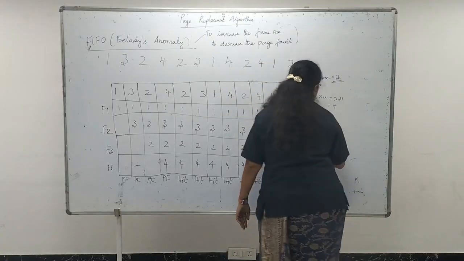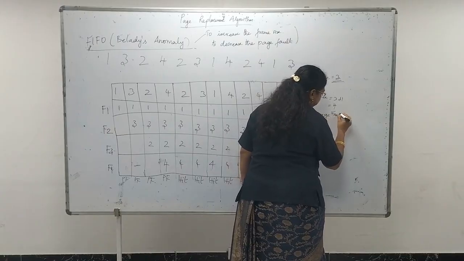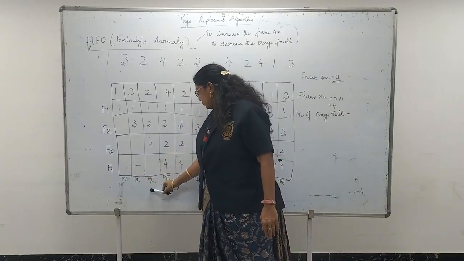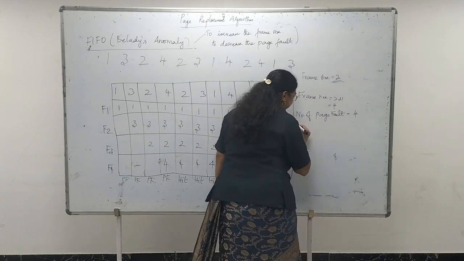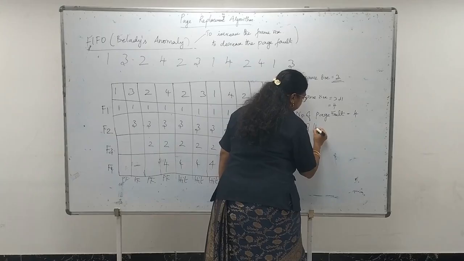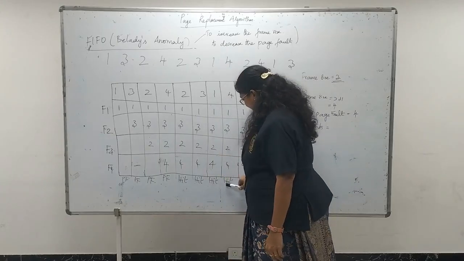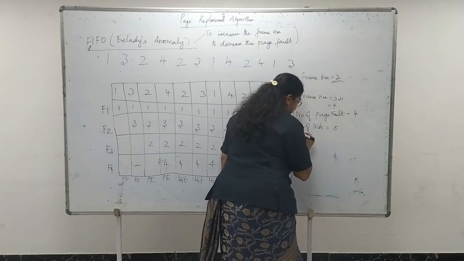So here the number of page faults means 1, 2, 3, 4. And then the number of hits: 1, 2, 3, 4, 5, 6, 7, 8. That is, your number of hits is 8.